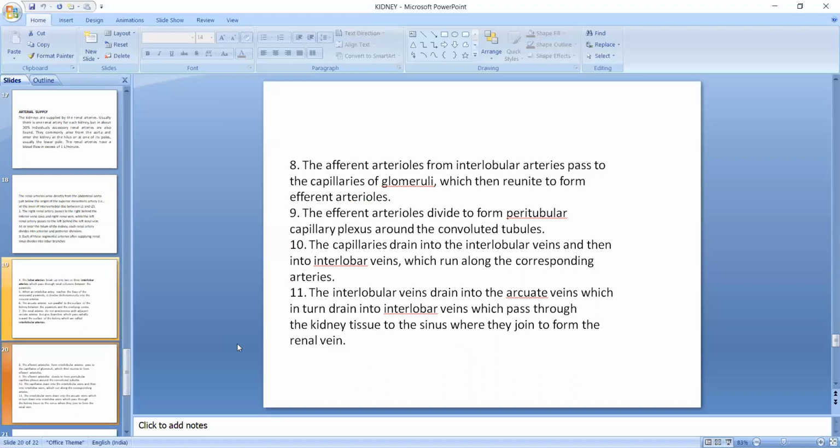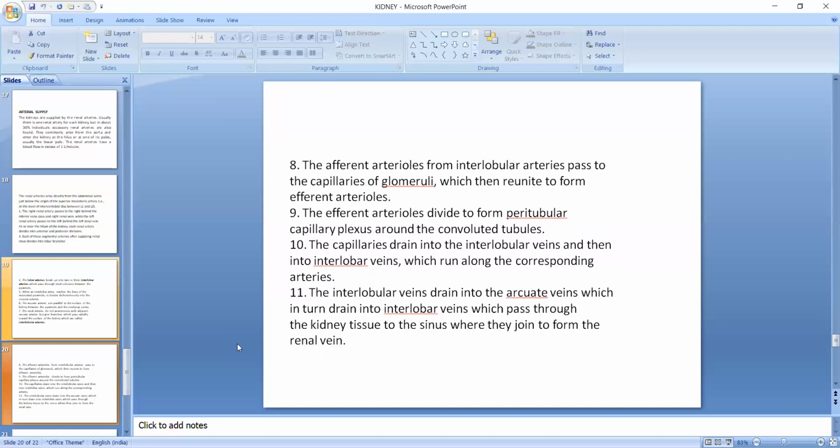The afferent arterioles from interlobular arteries pass to the capillaries of the glomeruli, which then reunite to form efferent arterioles. The efferent arterioles divide to form the peritubular capillary plexus around the convoluted tubules.